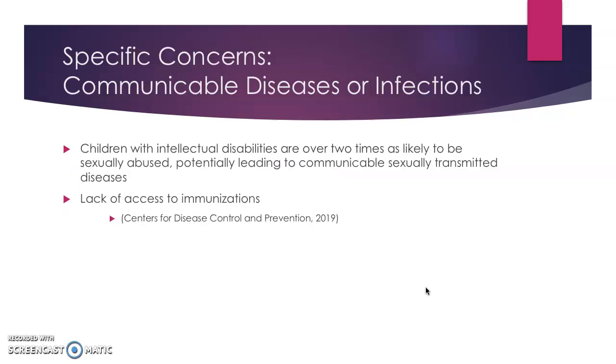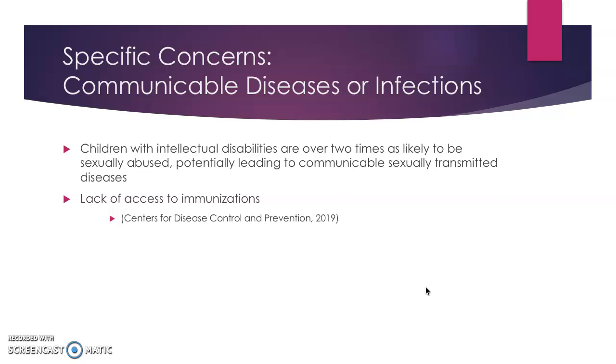Okay, next, specific concerns when it comes to communicable diseases or infections. Children with intellectual disabilities are over 2 times as likely to be sexually abused, and this could potentially lead to communicable sexually transmitted diseases. Violence prevention is a huge factor in stopping sexual abuse, which does lead to these communicable diseases or infections, and addressing those issues at an individual and community level is critical.